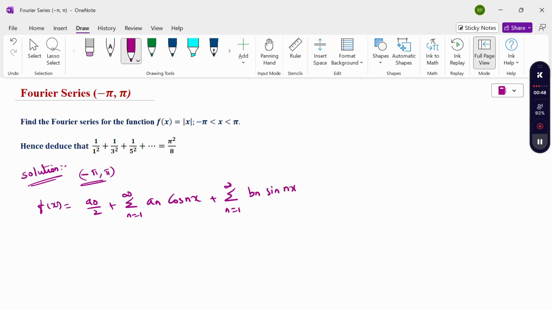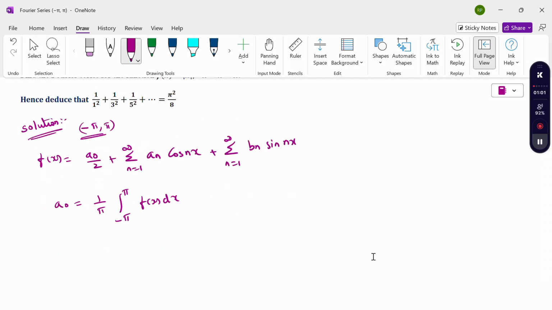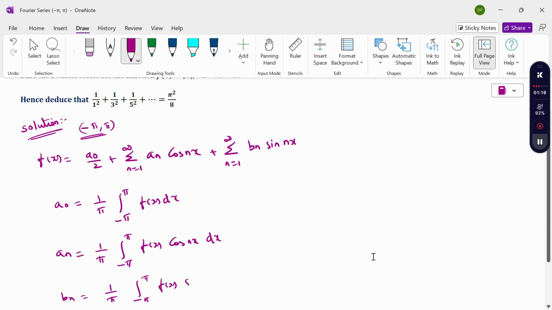Now the Euler formulas for the coefficients: a naught equals 1 by pi integral minus pi to pi f of x dx, a n equals 1 by pi integral minus pi to pi f of x cos nx dx, and b n equals 1 by pi integral minus pi to pi f of x sin nx dx.